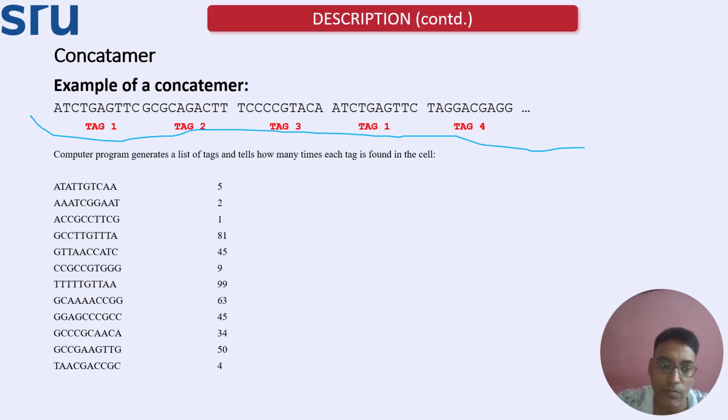See, the computer program generates a list of tags, and then tells me how many times each of the tags is produced in the cell. It is exactly quantifying. So this indirectly gives me how many times the expression level was there for a certain transcript.